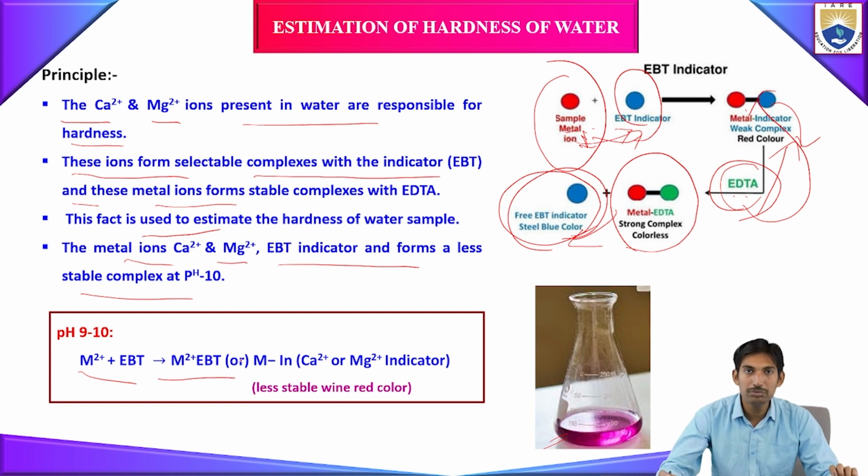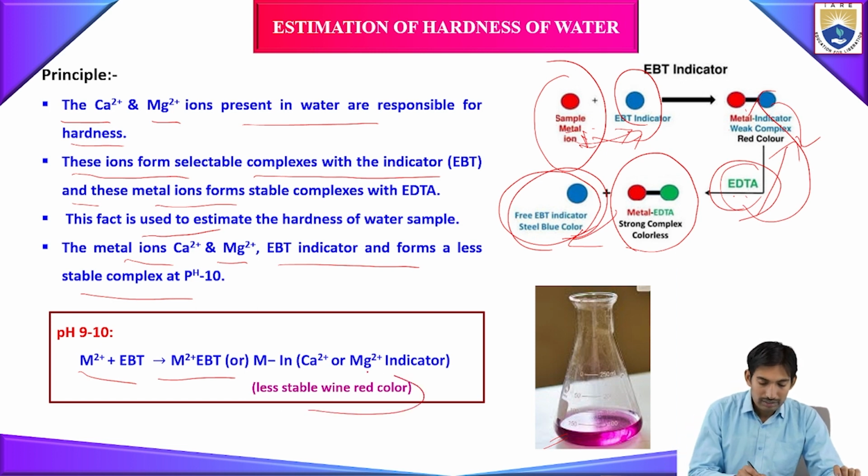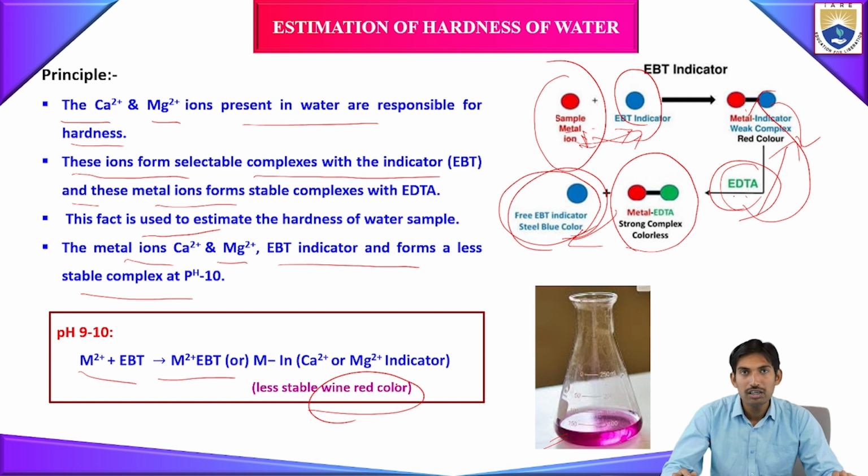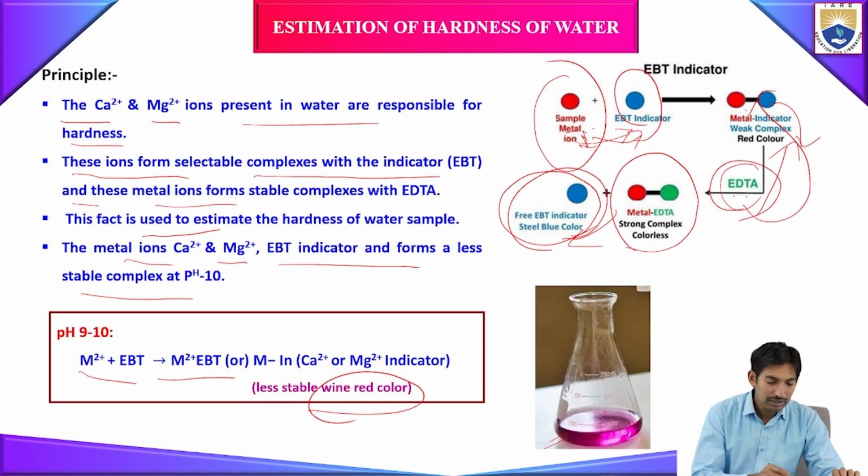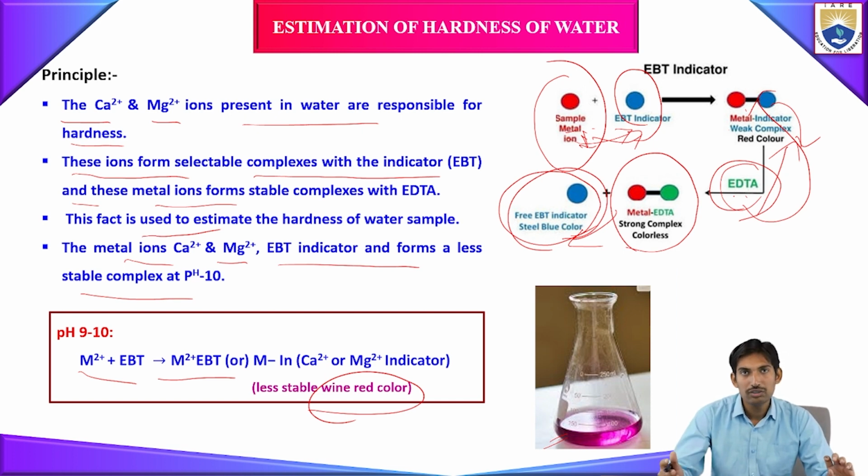The color of the complex is wine red. What are the metals? Calcium and magnesium. If you take hard water, the calcium and magnesium salts present in water react with EBT indicator and form an unstable metal-EBT complex, and its color is wine red.